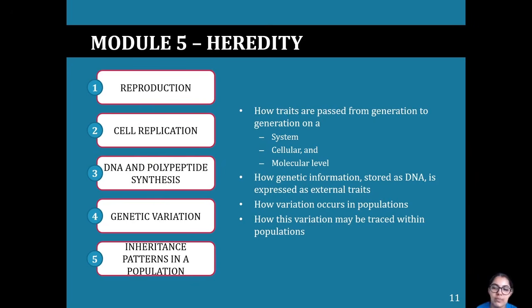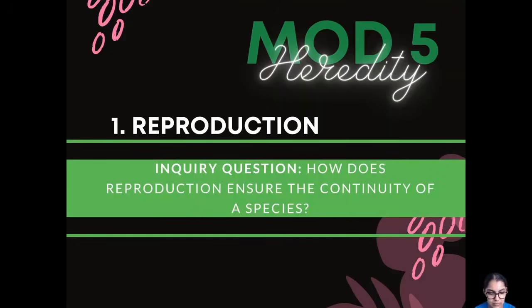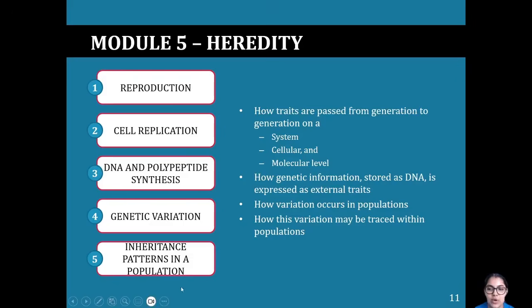So in terms of Module 5, remember, this is a quick summary. We've got reproduction, then we look at cell replication, DNA and polypeptide synthesis. So we start off with a big concept, we look at the smaller part of it, how does it actually happen, what is the relevance of it, and then we link it to the bigger picture.